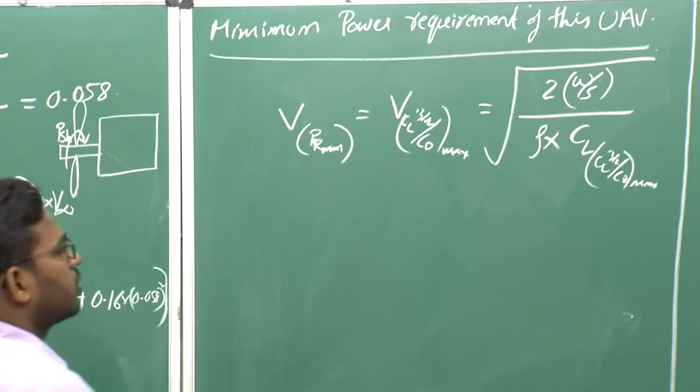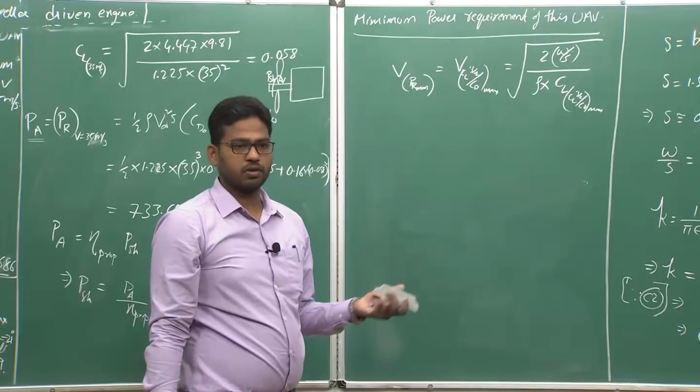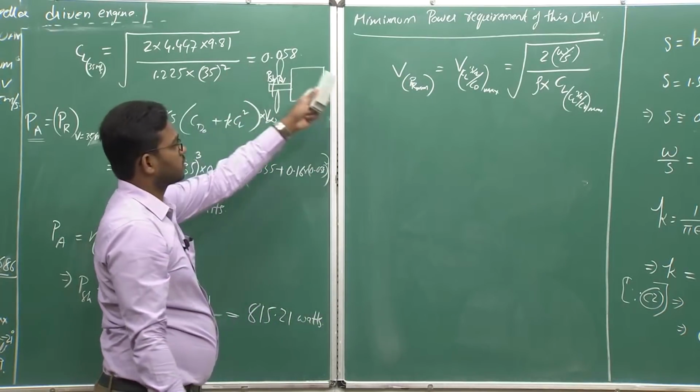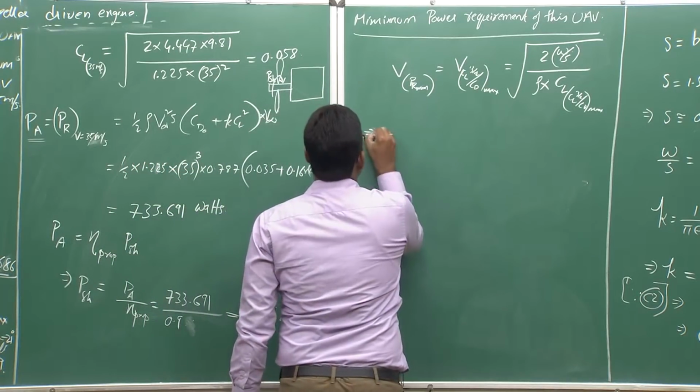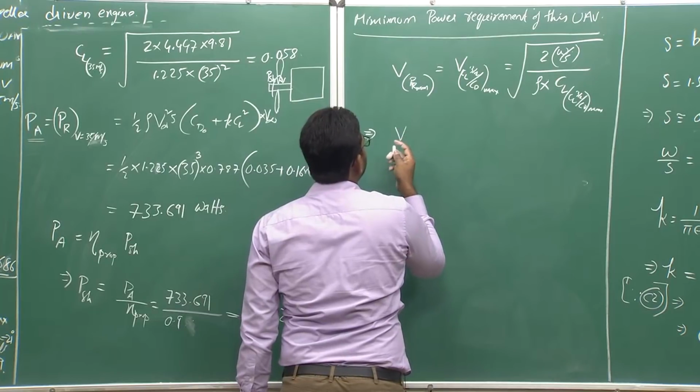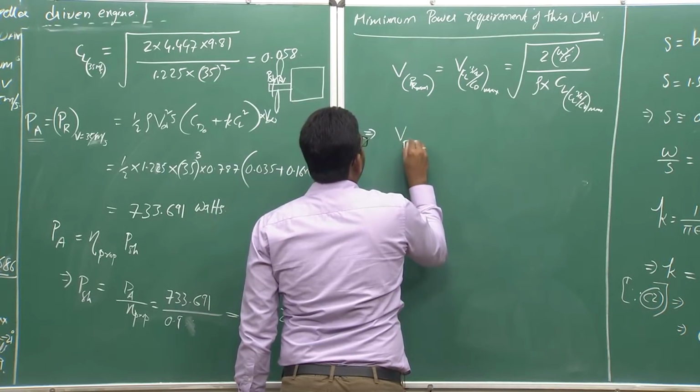This equation we got from L equals W, lift equals weight in this case, since it is a cruise. So, what is the corresponding velocity for power required minimum?